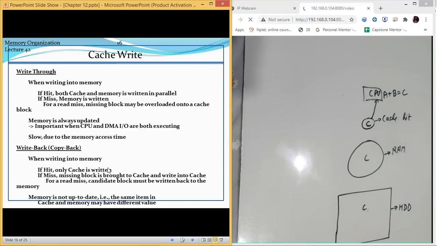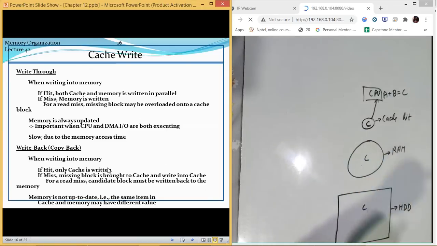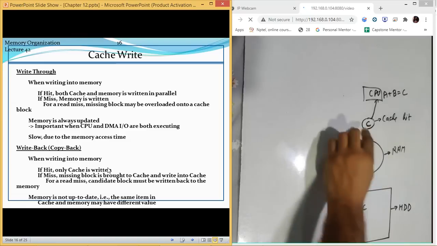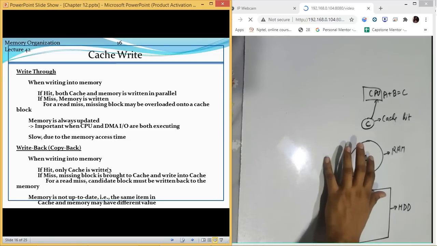Now the next one is write back. This is the other approach. When writing into the memory, if hit, only cache is written. If we are able to find the data, then only cache is written. This only is written. We are not going to update this.